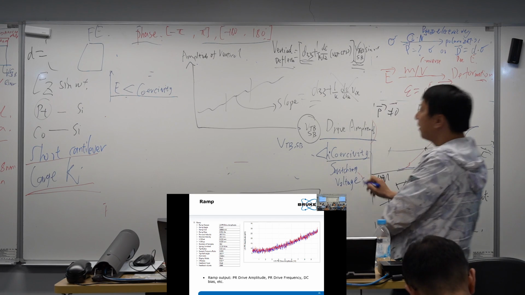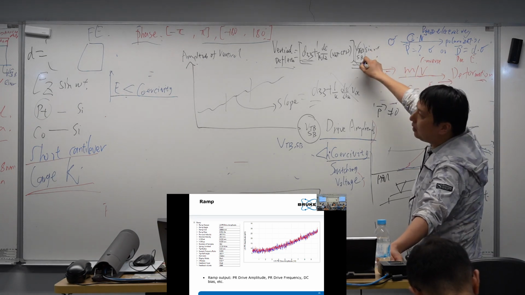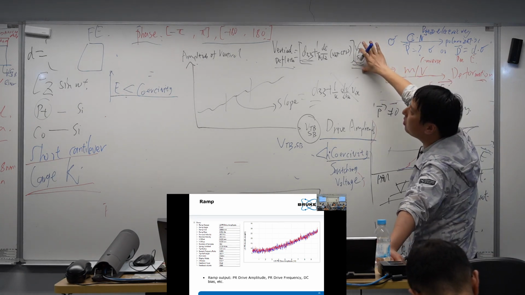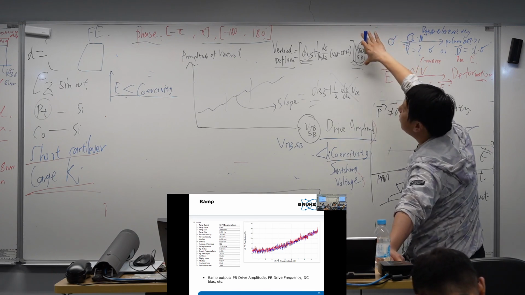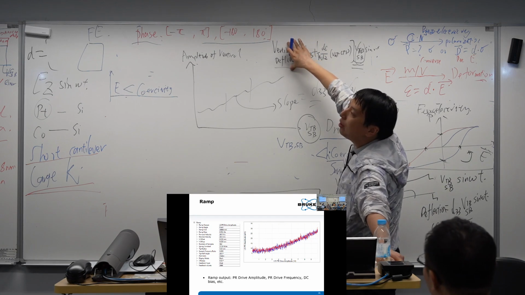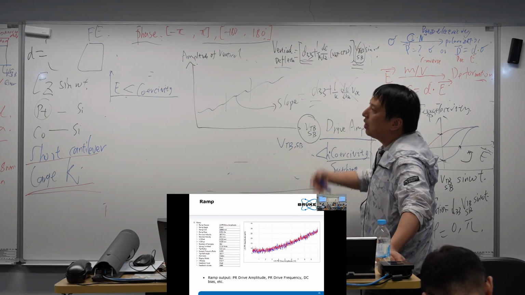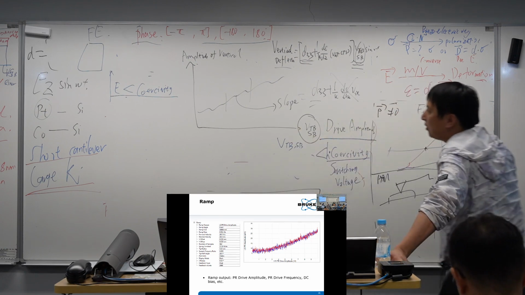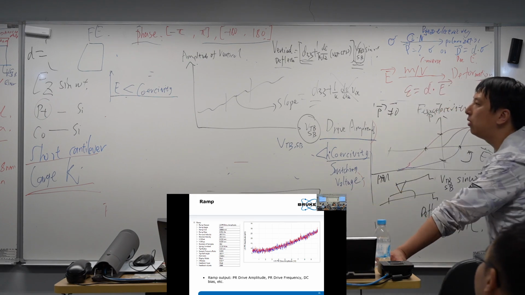So basically, we want this VTB, VSB, tip bias or sample bias drive amplitude to be large enough, because the larger this drive amplitude, the stronger the deflection signal will be. We will get better resolution and better images, but we don't want it to exceed the switching voltage.